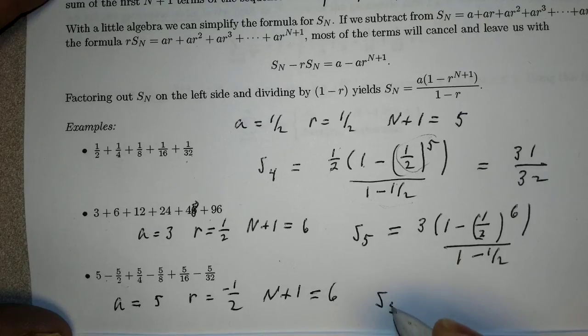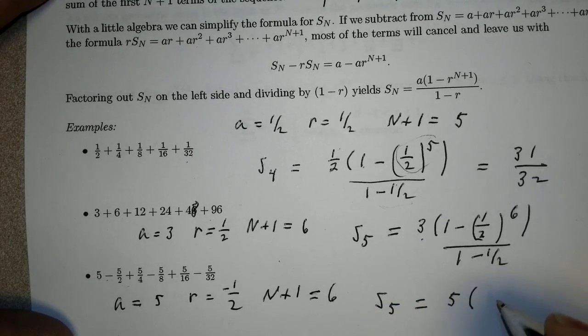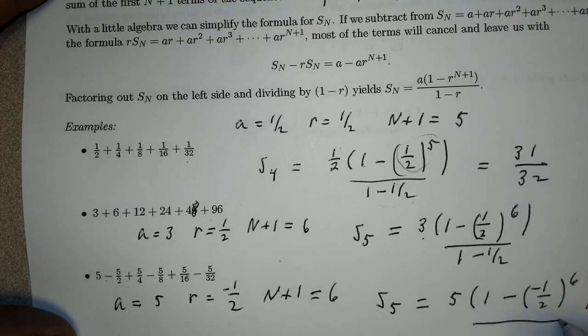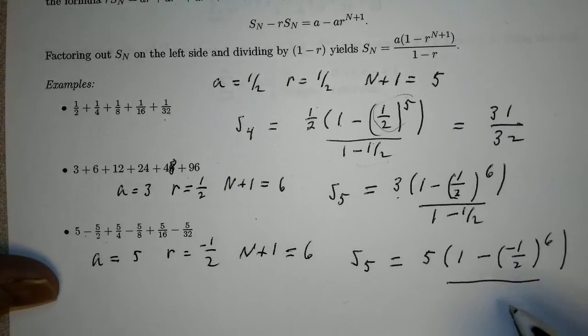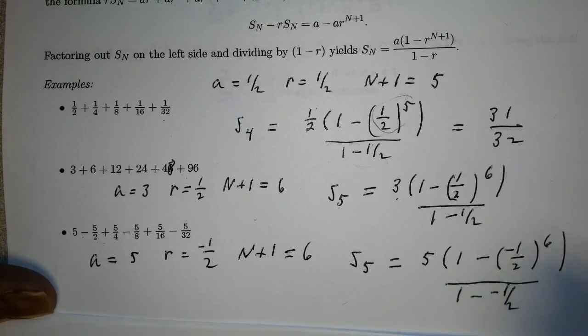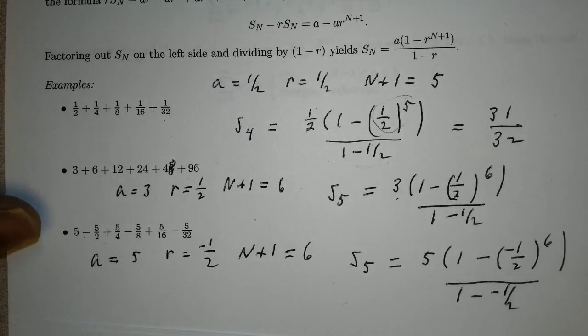So S sub 5, which is the sum of the first 6 terms, would be A times 1 minus the quantity minus 1/2 to the 6th, all over 1 minus R, which is 1 minus a minus 1/2, or 1 plus a half. And we can simplify this and evaluate it quite nicely.